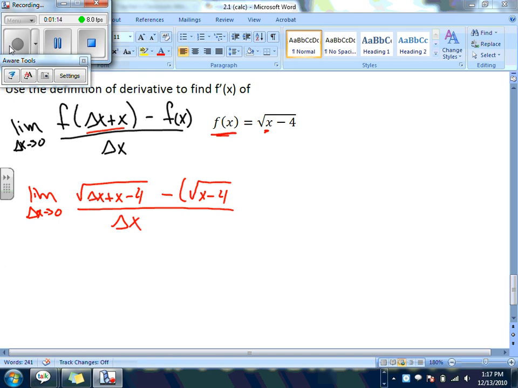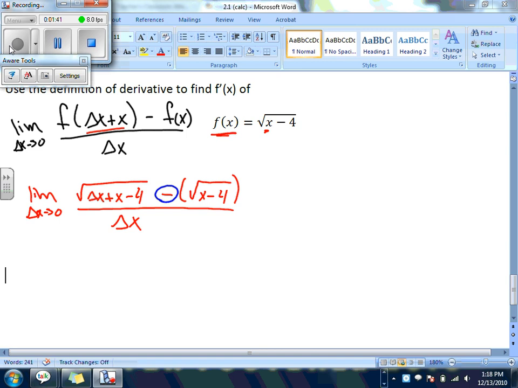And here's where, in the last chapter, chapter 1, we did what's called rationalizing the numerator, which is to say, since we really don't know what to do with these square roots and how to simplify it ourselves, we're going to manipulate a little bit. We're going to multiply by a fraction that is 1, because it's going to be itself over itself. The only thing we're going to change is this sign right here.